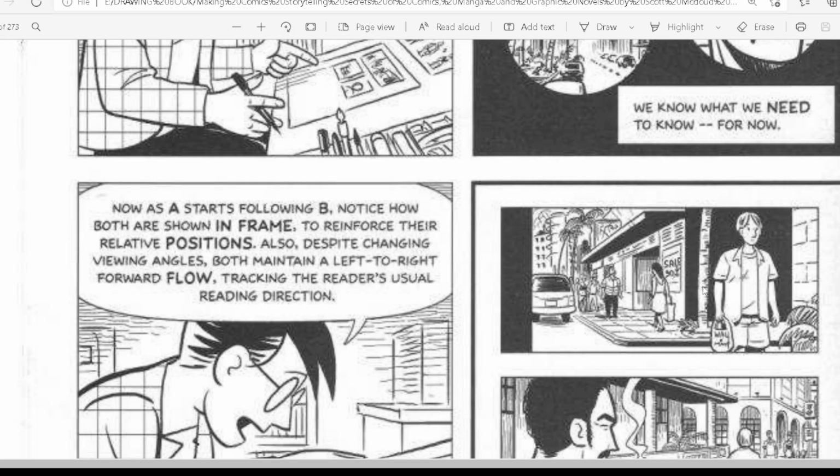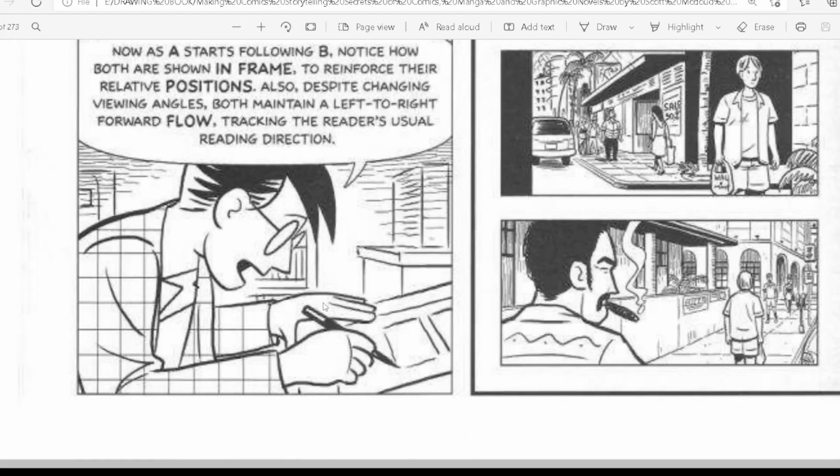A cop person is behind the undercover person. Notice how both are shown in frame to reinforce the relative positions. Also, despite changing viewing angle, both maintain left to right forward flow, tracking the reader's usual reading direction.